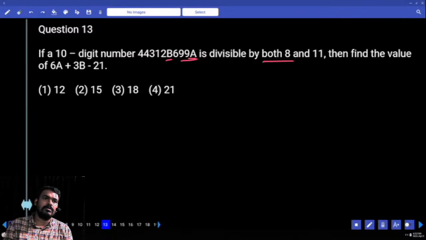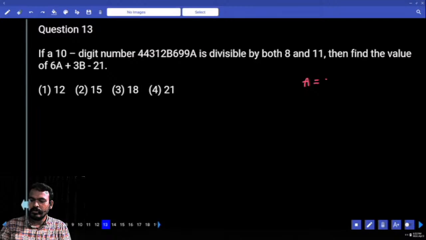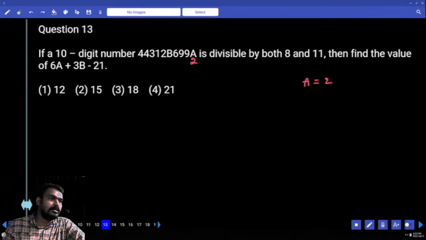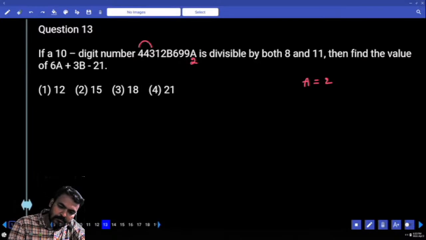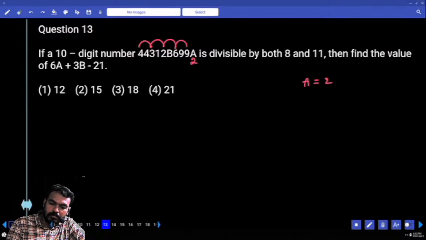Okay, first verify divisibility by 8, after that divisibility by 11. First divisible by 8. Suppose the A value is 1, it is 991, is it divisible by 8? No. Suppose the A value is 2, 992, it is divisible by 8. So the A value is 2. Next, what is the divisibility of 11? The alternate digits sum difference will be either 0 or 11. 4 plus 3, 7 plus 2, 9 plus 6, 15 plus 9, 24.